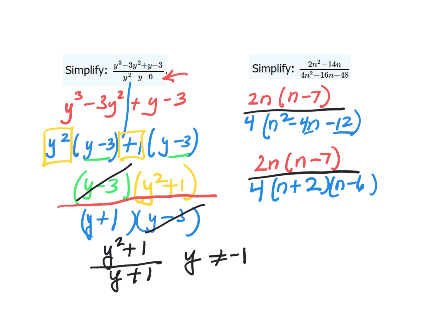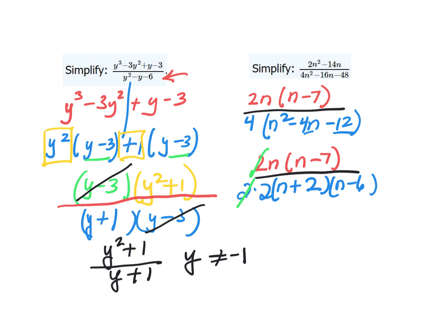So when I go to look to see if there's anything that I can simplify, the only thing that I see is that this 4 right here, we know that that 4 is 2 times 2, and therefore we will have this 2 cancel with this 2.